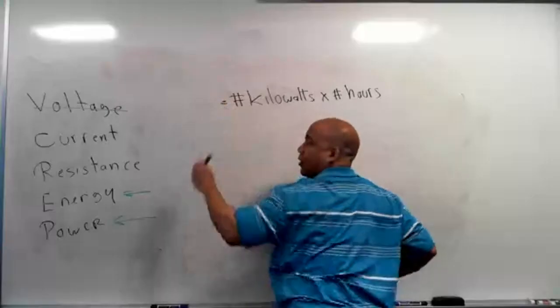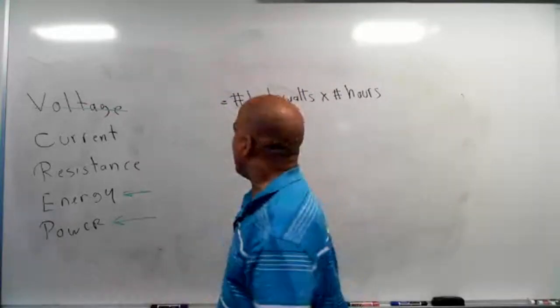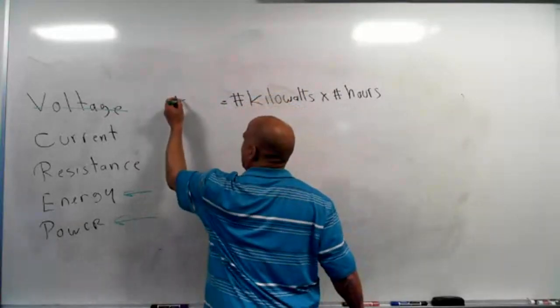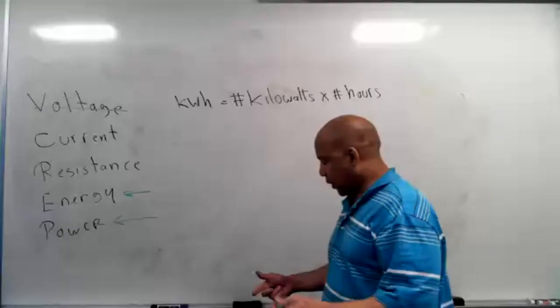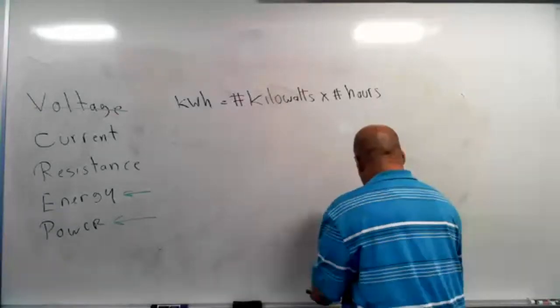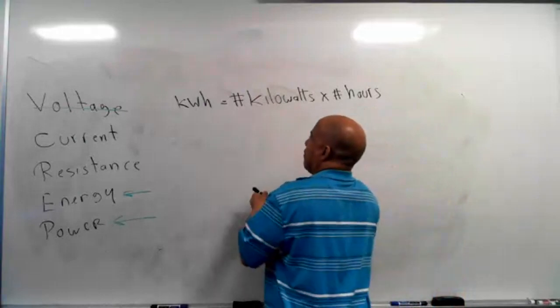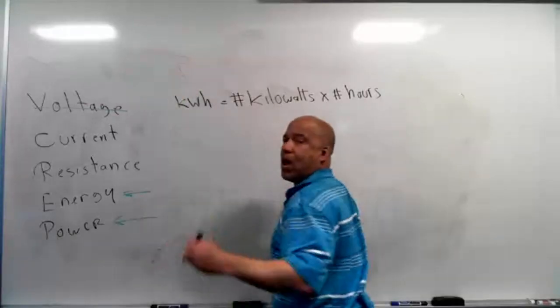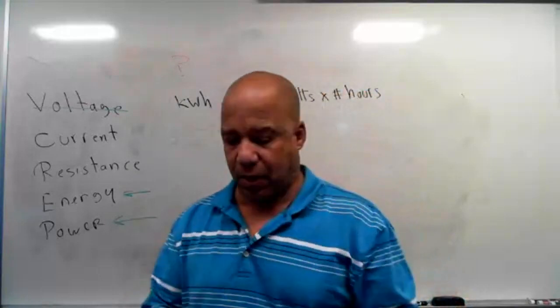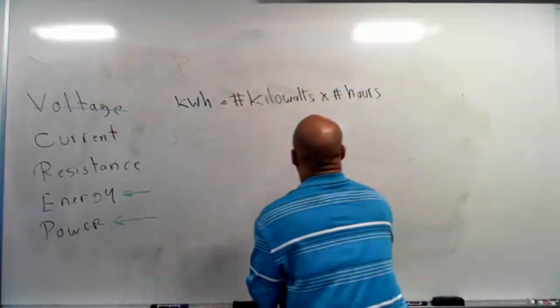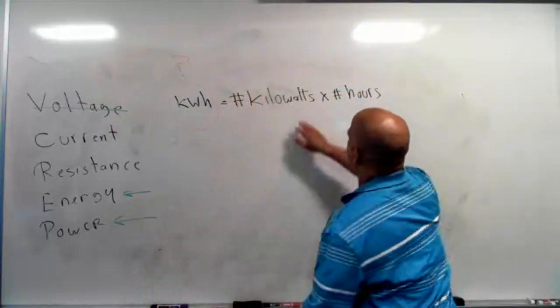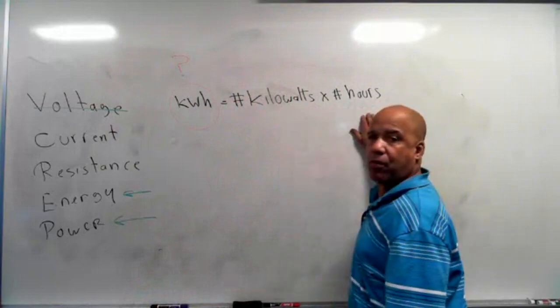That will give you the unit on that meter, the thing they're calling kilowatt hours. So what kind of physical quantity is a kilowatt hour? We have to figure out what happens when we take kilowatts and multiply by hours.